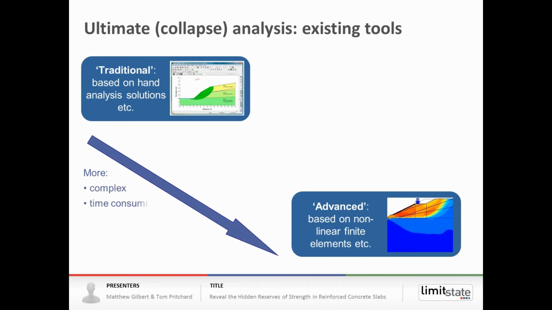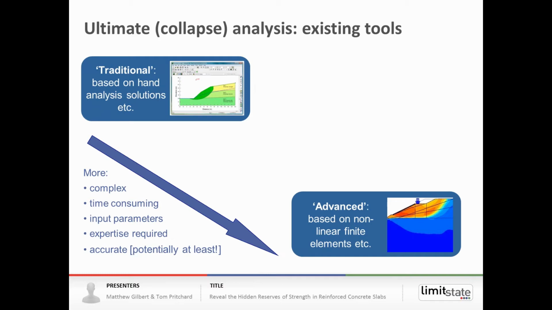The main priority, certainly the initial priority of the company, was on developing tools which effectively fill the gap between traditional and advanced analysis tools. So if you look at, for example, geotechnical analysis as an example, there are hand analysis tools which have typically been automated in spreadsheets or in simple software applications.